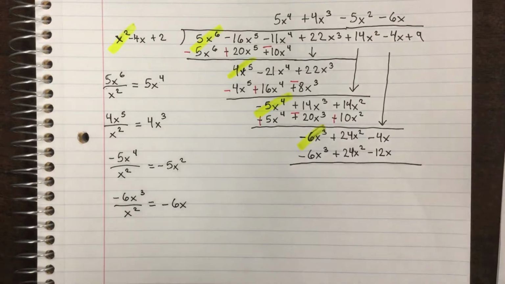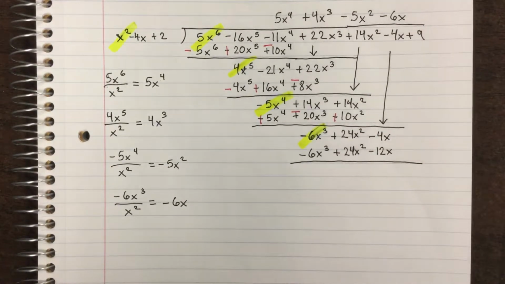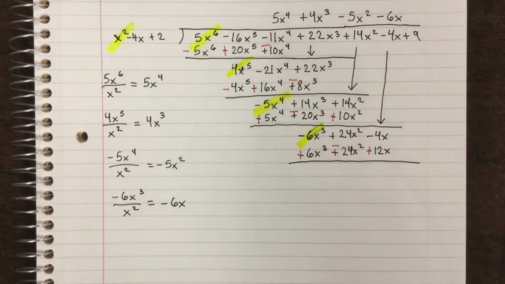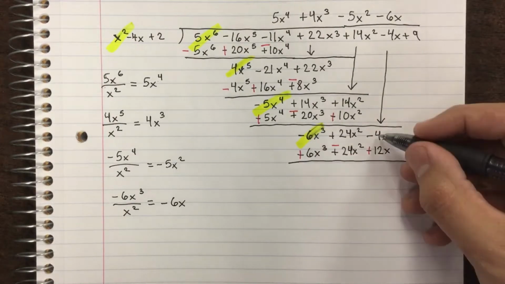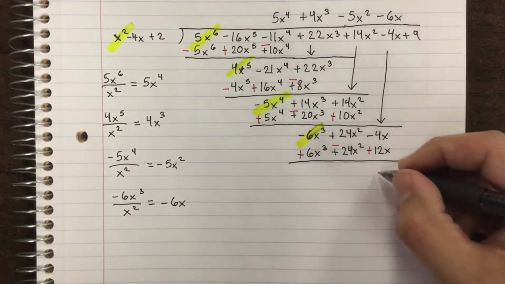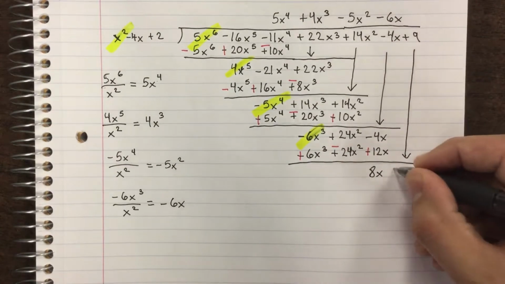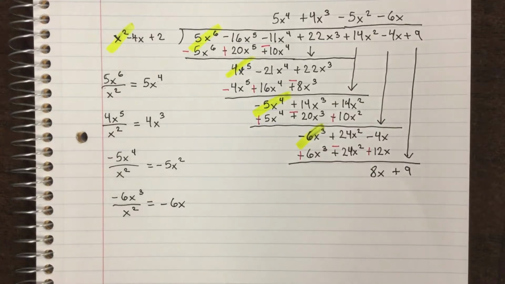That's fine, because what's going to happen? Well, we have to subtract. So this is positive, this is negative, this is positive, right? So what do we have left? That's 0, that's 0. This would be 8x. And then we would have plus 9. Okay? And we are actually done.